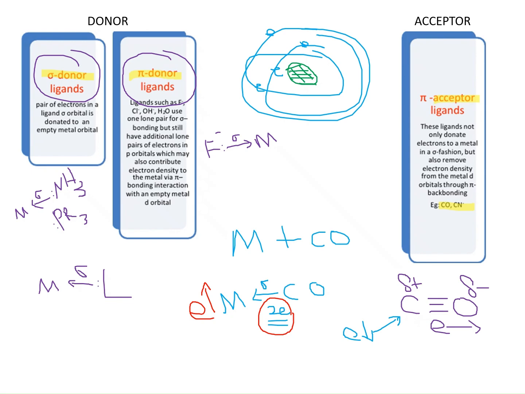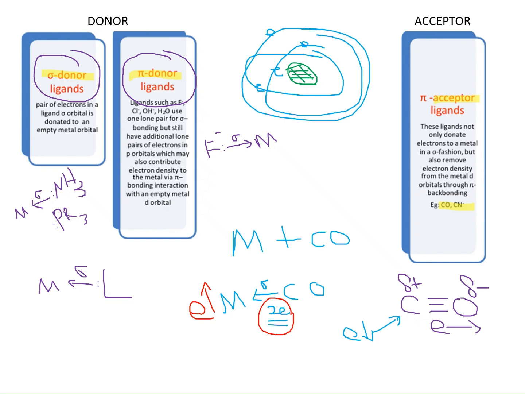In this example, the carbon is from carbon monoxide. So that electron will repel. The repulsion is so great that the electron has to move out. The electron has to go somewhere to reduce the electron-electron repulsion. But where would the electron go?